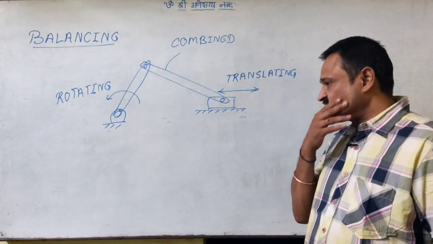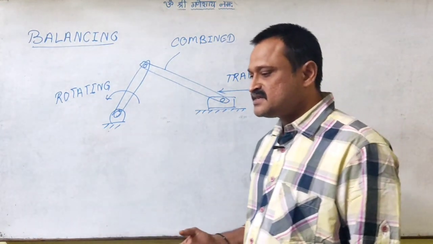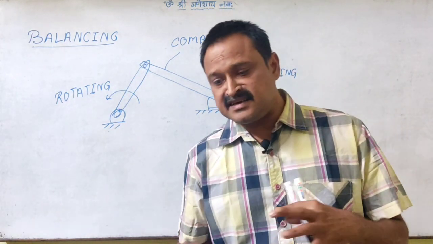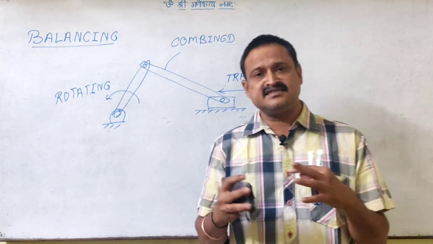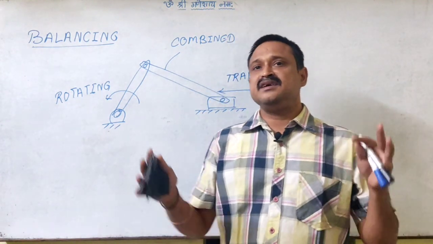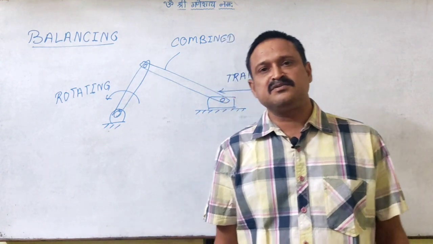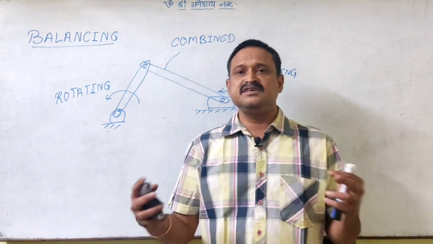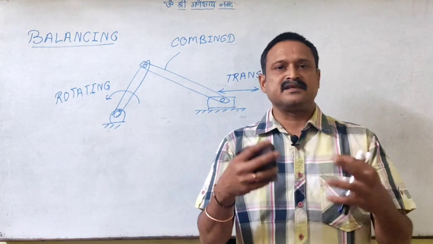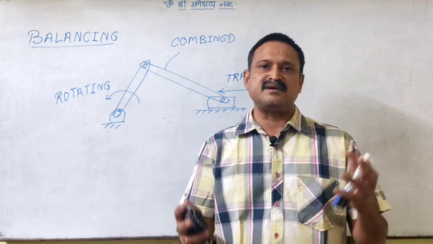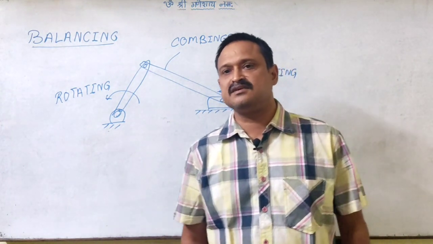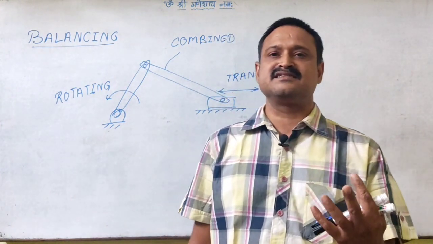Now what happens, as I said, when we are doing the balancing at the designing stage, that is one aspect. And the second aspect is when we install a particular machine at a particular location, due to these assembly errors we find that there is unbalance in the system, and we experience a lot of unsmooth functioning, so a lot of vibrations in the system.